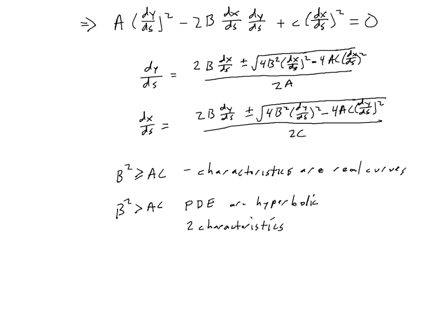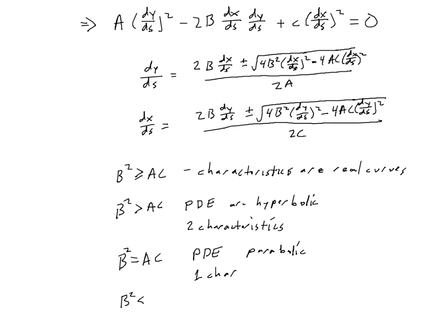And I'll get into more realistic terms about what this means in a few minutes. If B squared is equal to AC, then we call this PDE parabolic. And parabolic means there's one characteristic, because you can see there's a 0 here, and so you have one number, that's it.